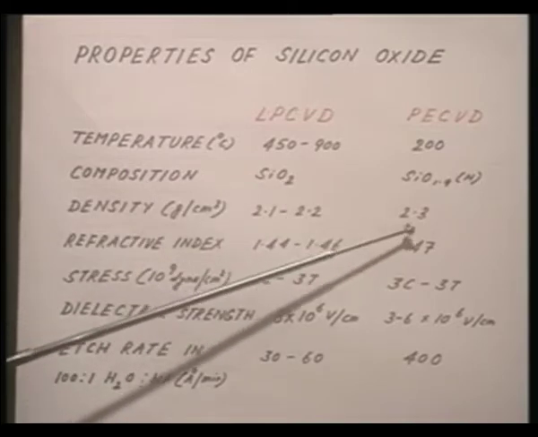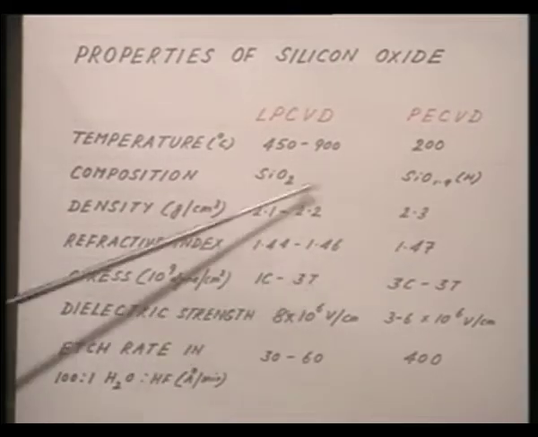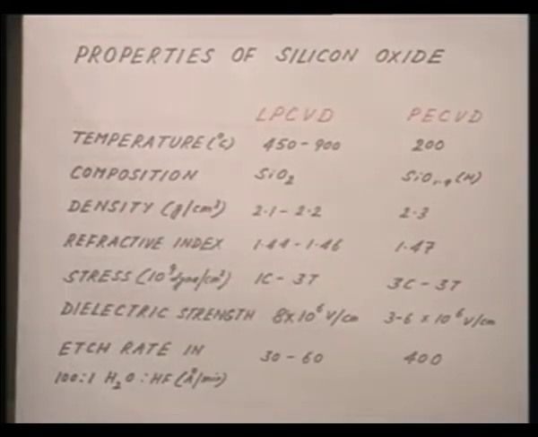Density, however, is slightly higher in case of plasma enhanced chemical vapor deposition process, and so is the refractive index. 1.46 incidentally is the refractive index of thermal silicon dioxide. For plasma deposited silicon dioxide, you have slightly higher refractive index of 1.47.